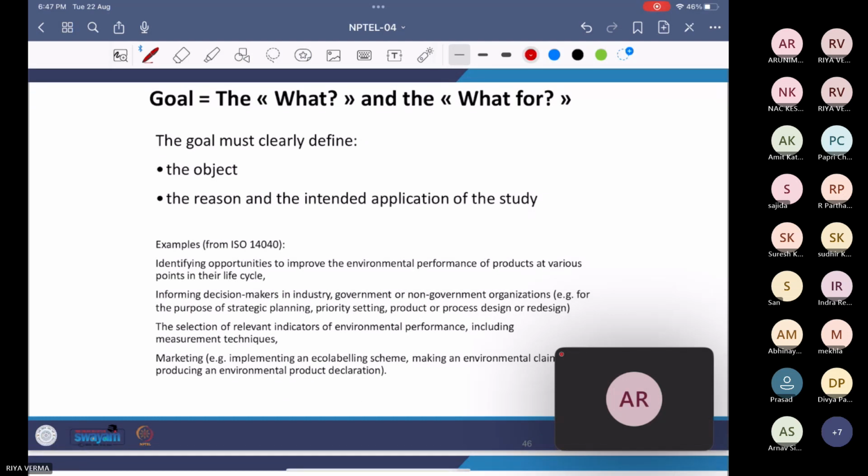Then coming towards the examples, some of the examples from ISO 14040, these have been directly taken from the code only. So identifying opportunities to improve the environmental performance of products at various points in their life cycle. These are some examples of the goal of a study.